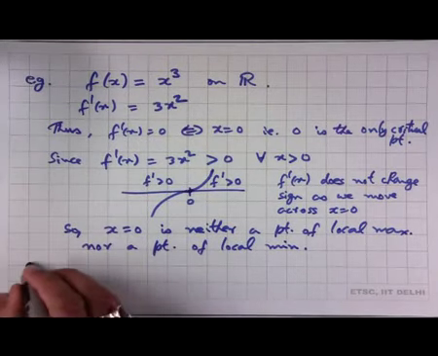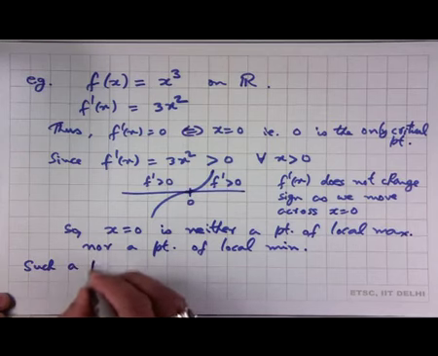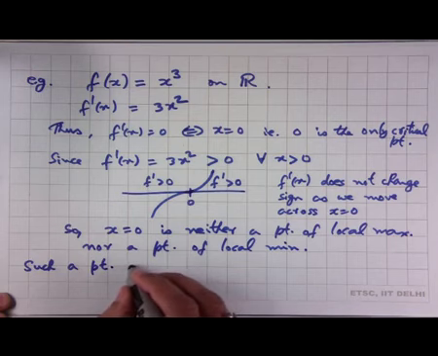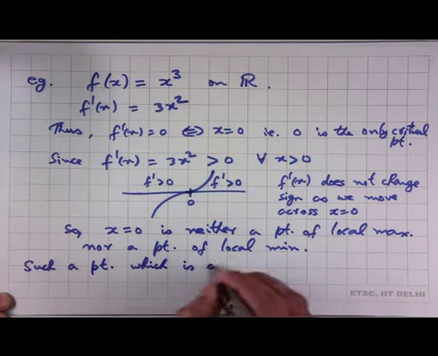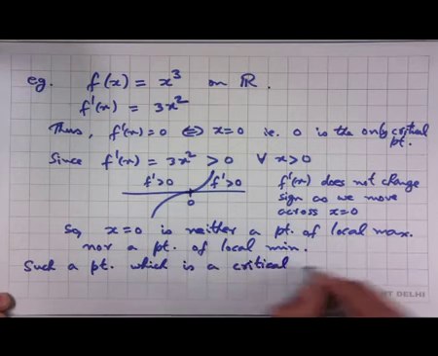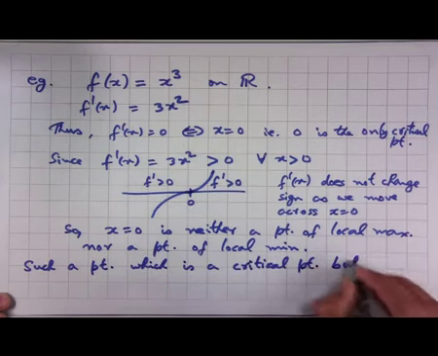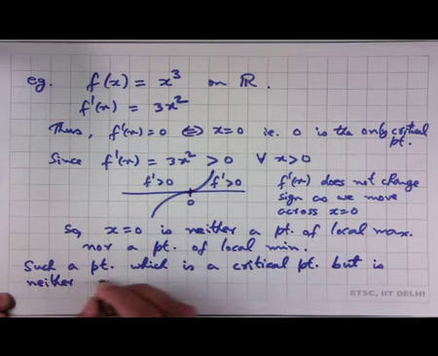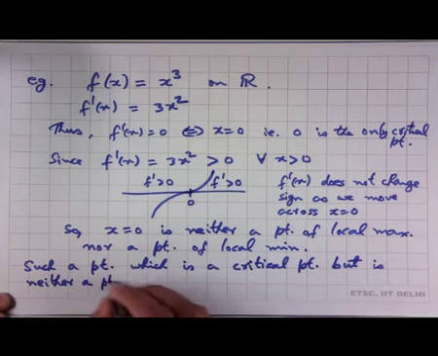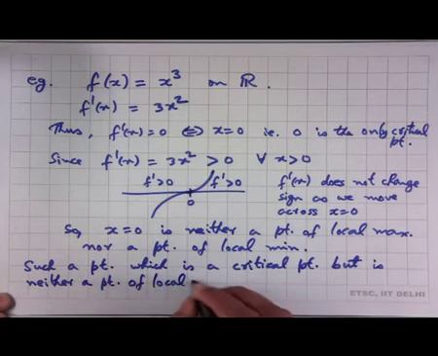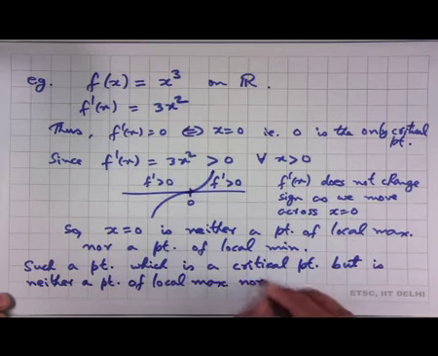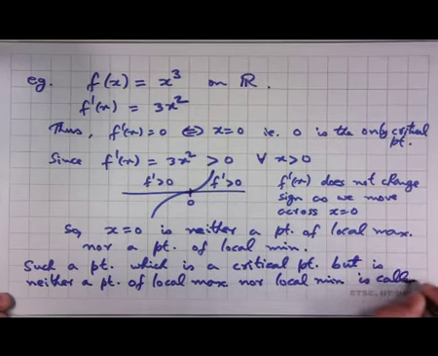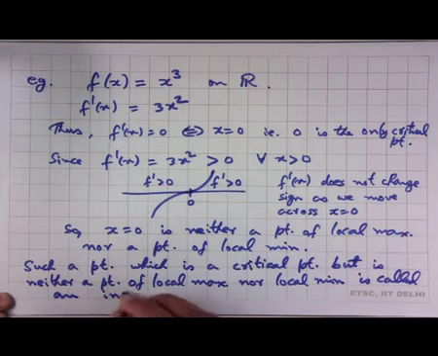Such a point, which is a critical point but is neither a point of local maxima nor local minima, is called an inflection point.